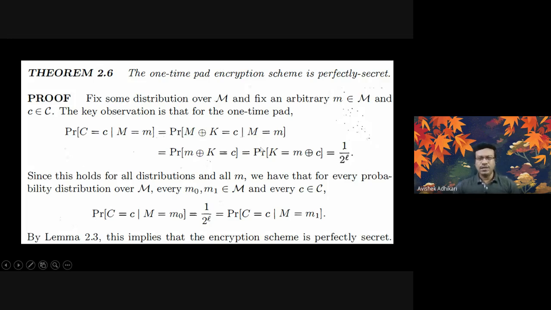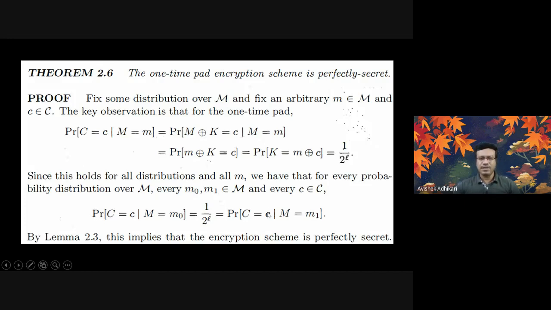Now you know K, what is the distribution of K? In case of one-time pad, whatever may be the K, the distribution will be 1 by 2 to the power L. Okay, since this holds for all distributions and all M, we have that for every probability distribution over M, for every M0 and M1, and for every C, the probability is the same as 1 by 2 to the power L. So this will be the same for any M0 or M1, it doesn't matter.